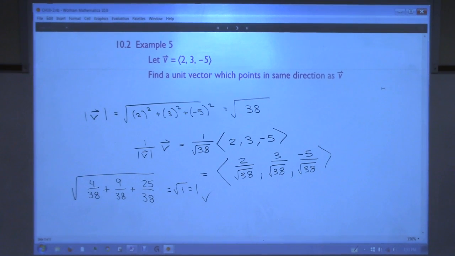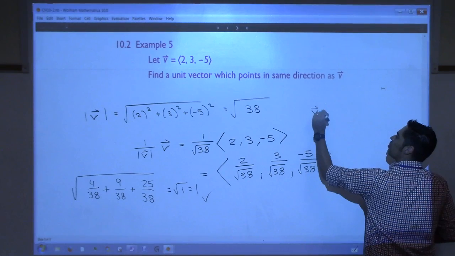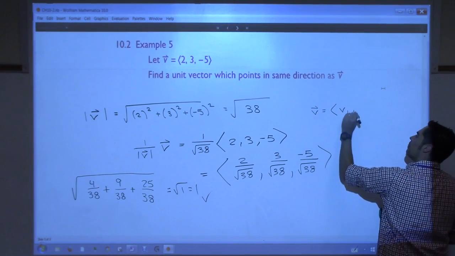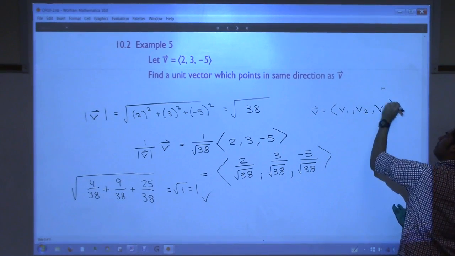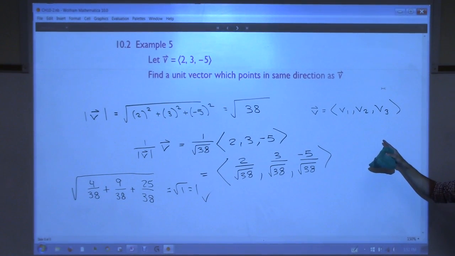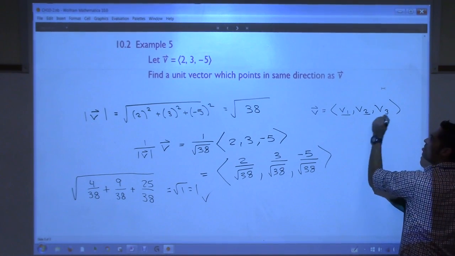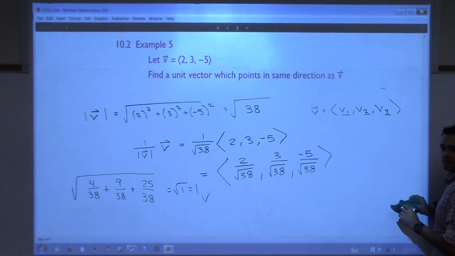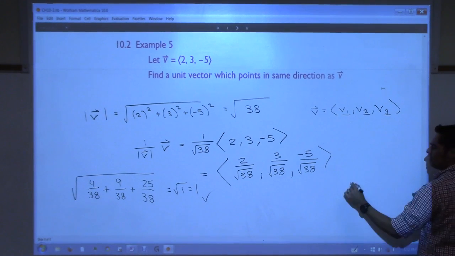Now, what you could do, which is kind of a fun exercise, is show that this is true for an arbitrary vector. I'm not going to do it, okay? If I take this and divide each one of these by its own length, how long is this vector?